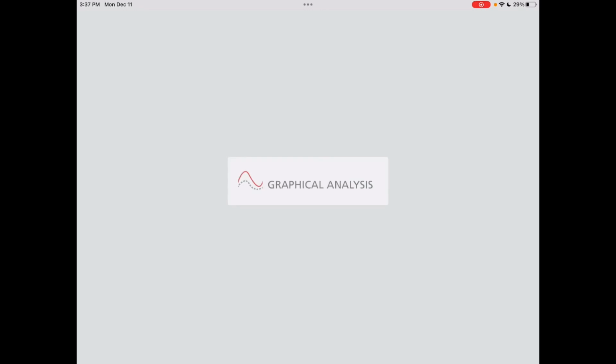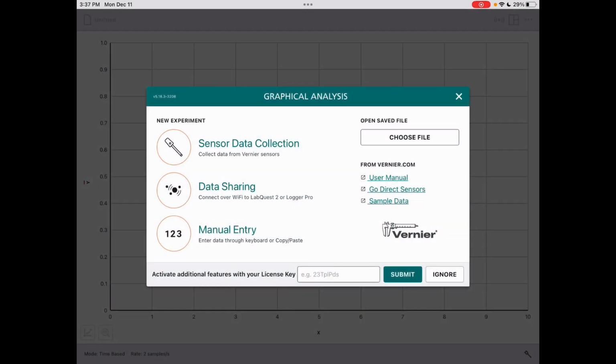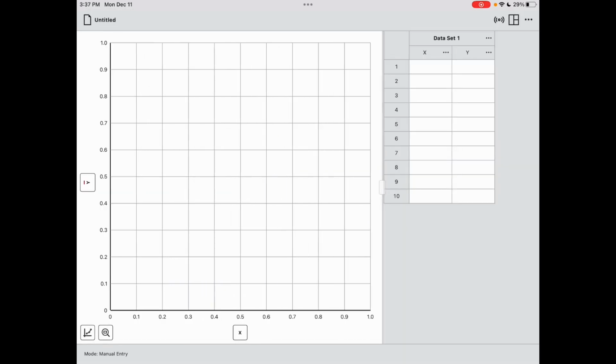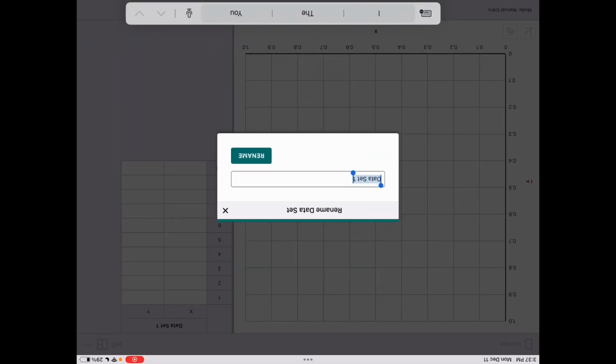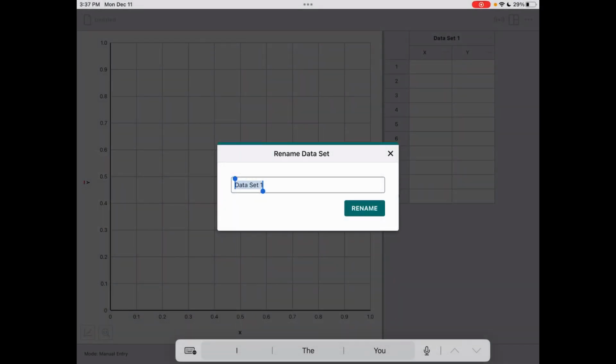Then we're going to go over to graphical analysis and graph this. Make sure you're clicking manual entry because we are manually entering this. I am going to rename the data set. This is going to be my distance versus time of the ball down the ramp.